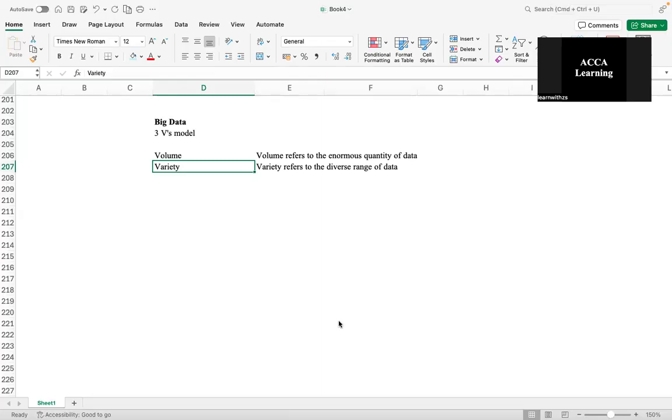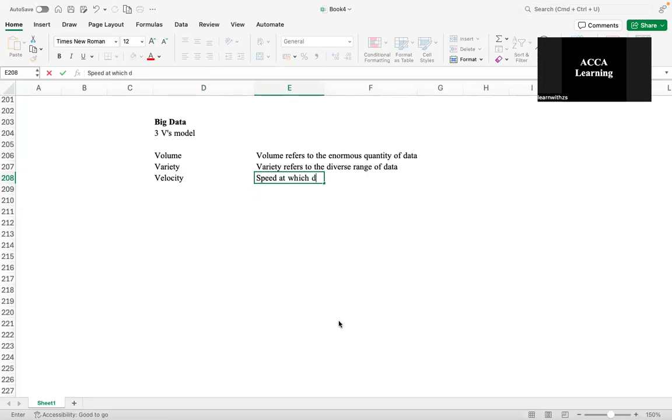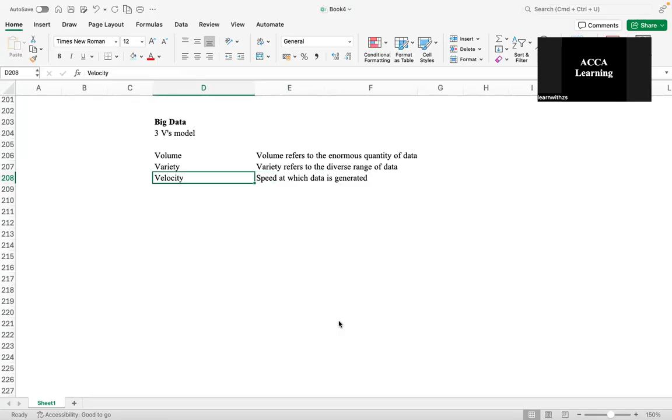All right. Now the third and last V under your three V's model is velocity. What is velocity? Velocity is the speed at which data is generated. It is also the speed at which the data is processed.